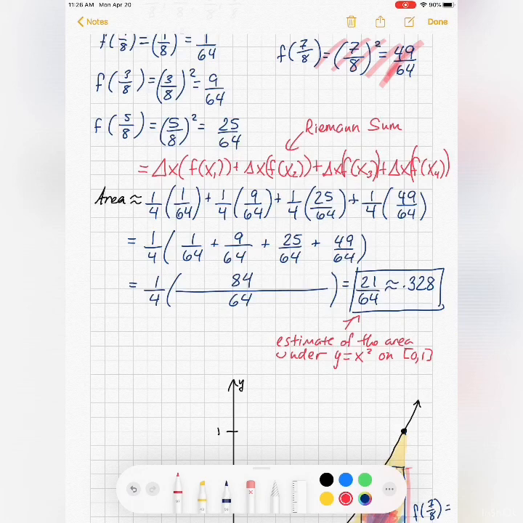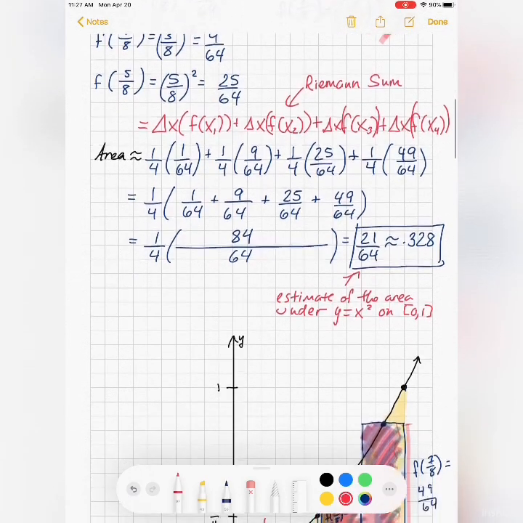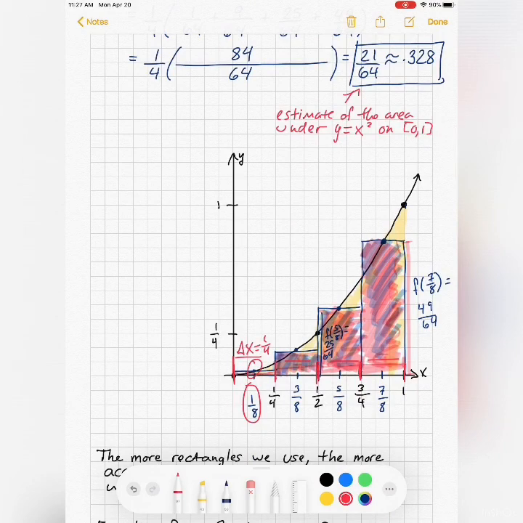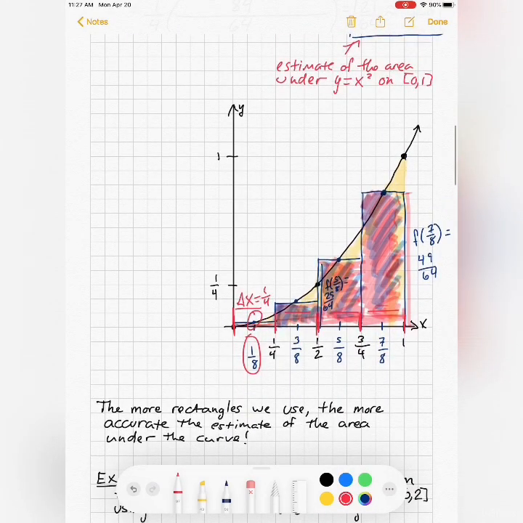We used 4 subintervals. We found the Riemann sum, and we used that Riemann sum to estimate the area under y equals x squared. So you can kind of see, the more rectangles that I use, the more accurate the estimate I would get for the area under the curve.